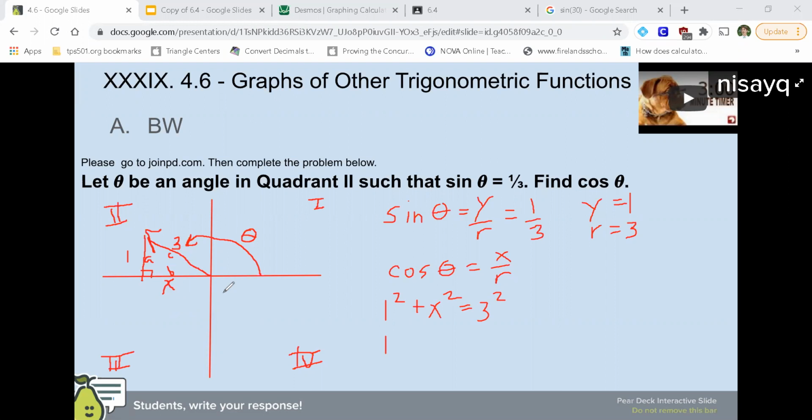One times 1 is 1. 3 times 3 is 9. Which means x squared has to equal 8. To get rid of this squared, we square root both sides, so x is the square root of 8.